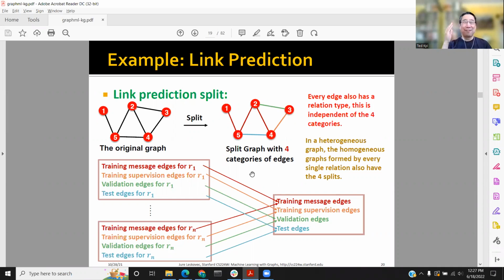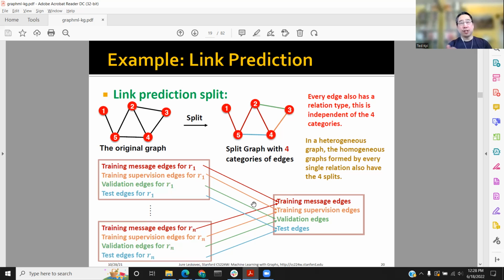If you're familiar with cross validation and the way that we do stratified cross validation, all they're saying is that you should do stratified cross validation. When you're splitting up your nodes and edges into your training and validation sets, it's possible that a particular type of edge is rare. Not all the edges necessarily are equal in frequency.